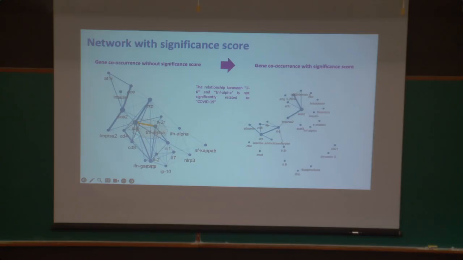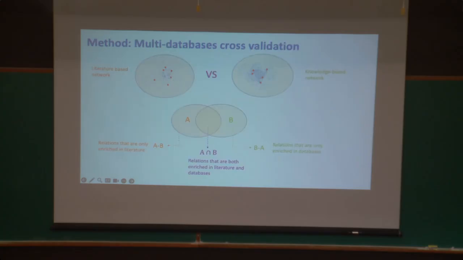The reason is that these two are central factors in this cytokine network of the uremia. So basically, they participate in all different biological processes, not just the COVID-19 reactions. This is why we removed that.